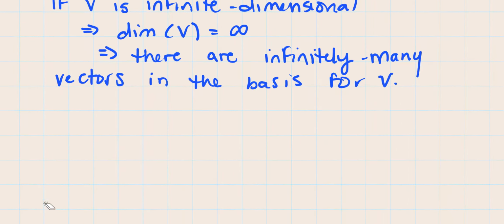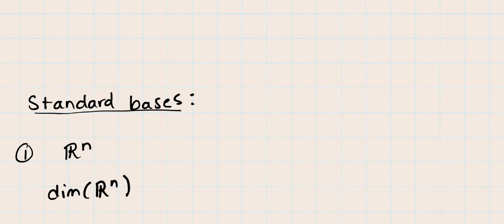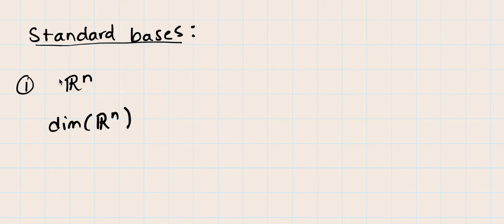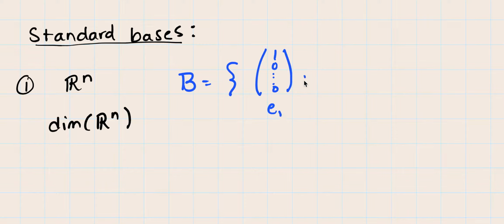Okay, let's move on. Let's talk about some standard bases. So for Rn, the most natural basis for this space is (1, 0, all the way to 0), which we're going to call E1. Then (0, 1, 0, all the way to 0). There's going to be n entries in each column. This is going to be E2.